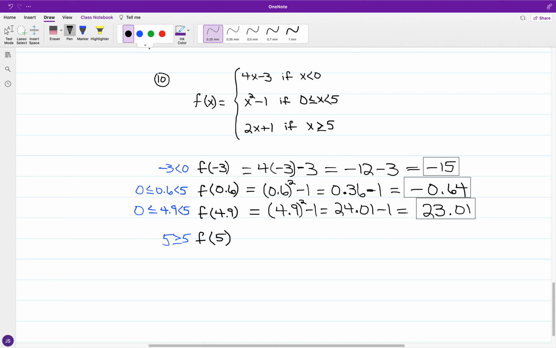And in the case of f of 5, for any numerical input that is 5 or higher, this will receive the 2x plus 1 treatment. So for x at 5, we have 2 times 5 plus 1. 2 times 5 is 10, plus 1, and 10 plus 1 is equal to 11.